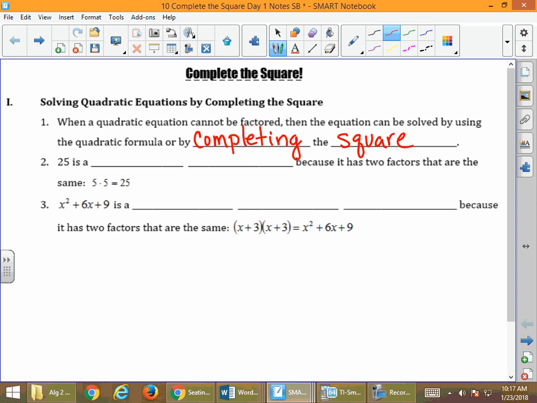Well, the title of this is completing the square. And in fact, what we're looking at within completing the square is something like 25, which is a perfect square, because it has two of the same factors. 5 times 5 is 25.